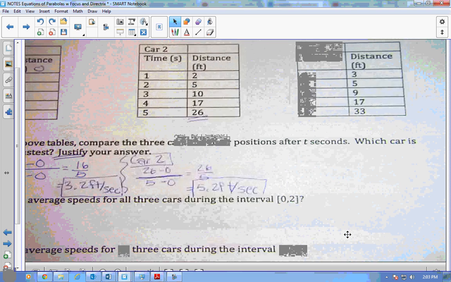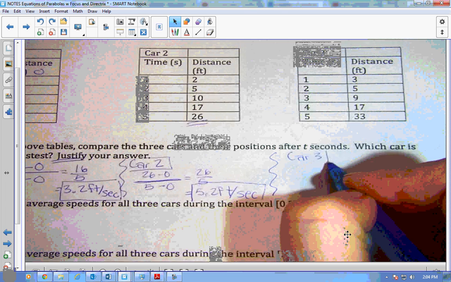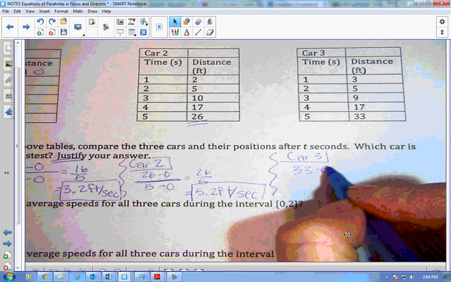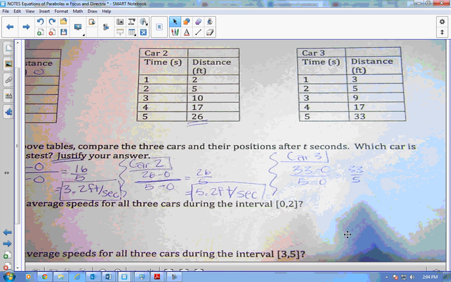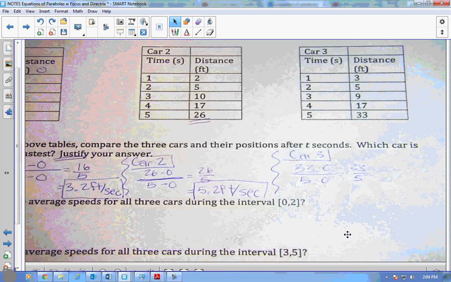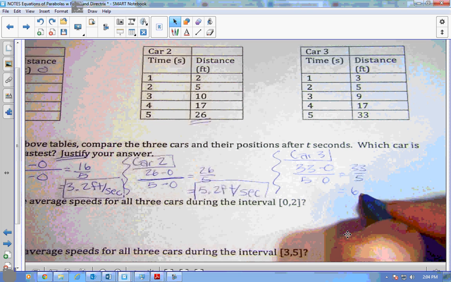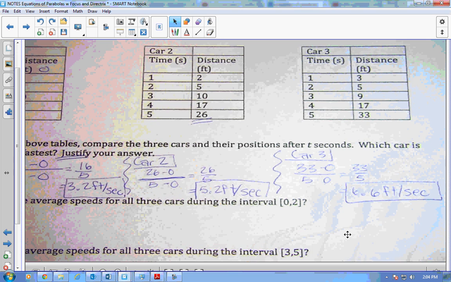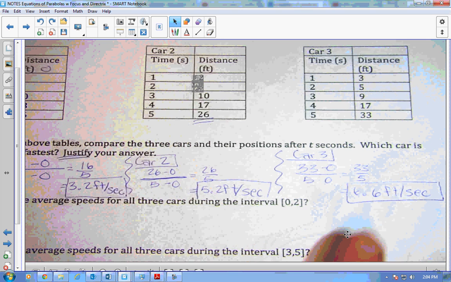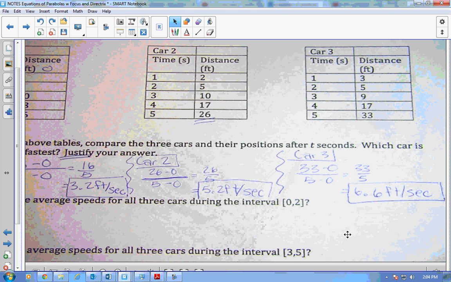Okay, car 3. 33 minus 0 over 5 minus 0. 33 over 5. Okay, which makes sense that it has the best speed because it goes the furthest, actually. It goes to 33. Okay, that's over the full interval of time.